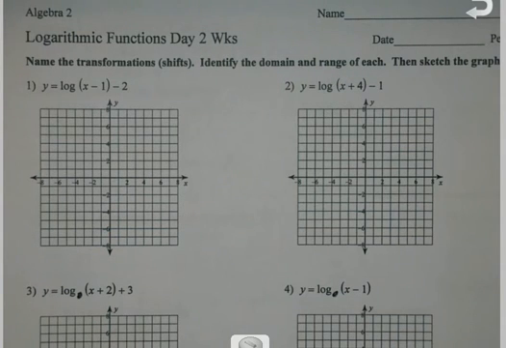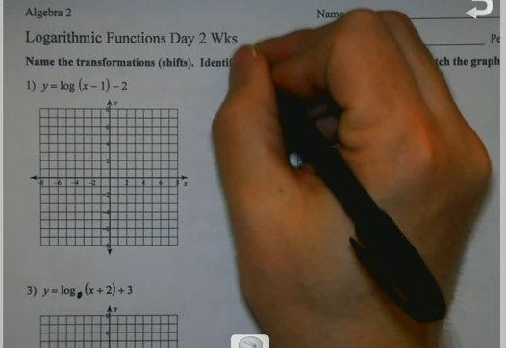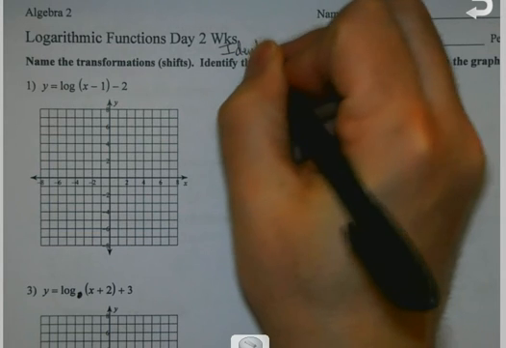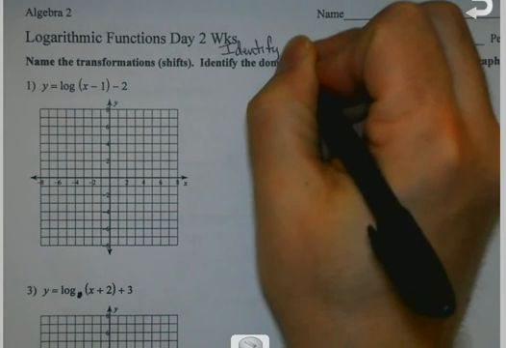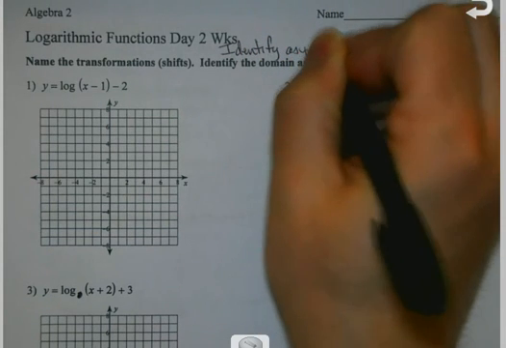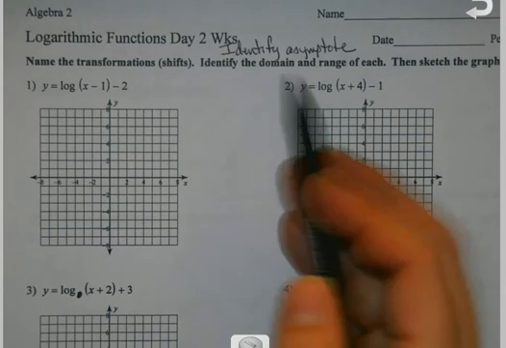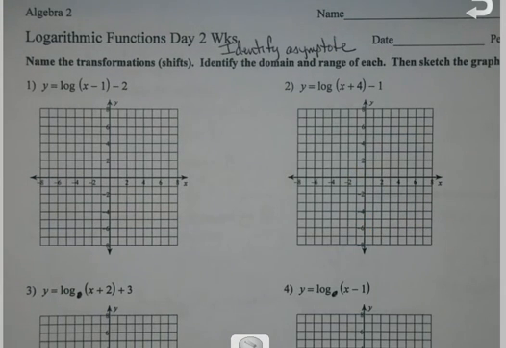The asymptote? Yeah, that's always a good idea to put on here, even if you're not being asked for it, just because it helps you with your domain and range. Because if I identify the asymptote, that's going to help me make sure I don't mess my domain up.